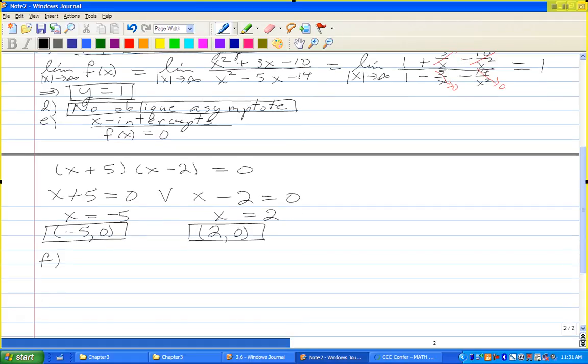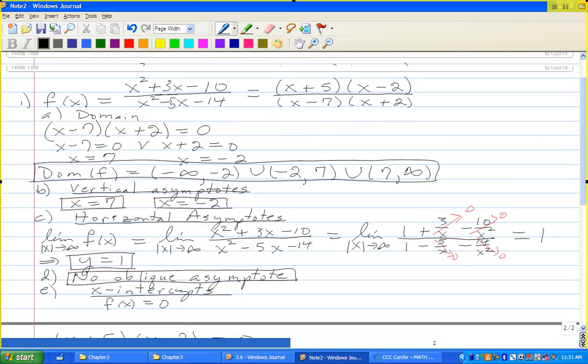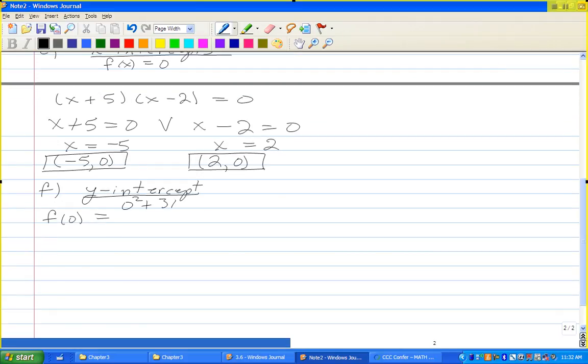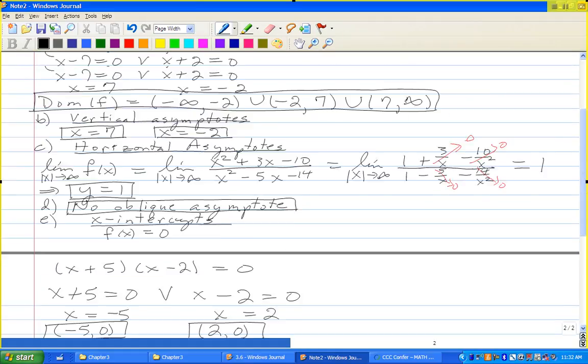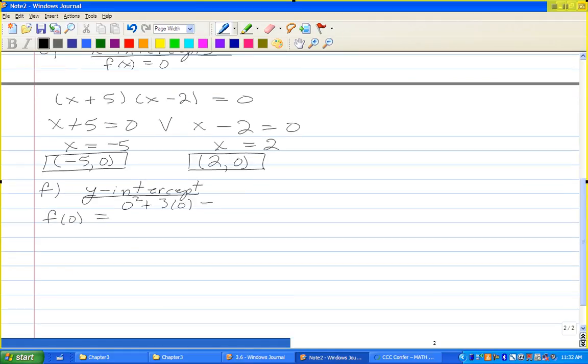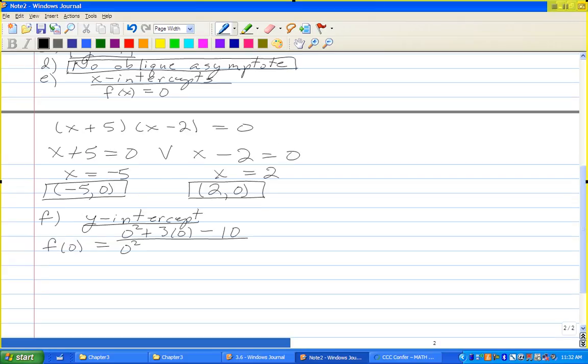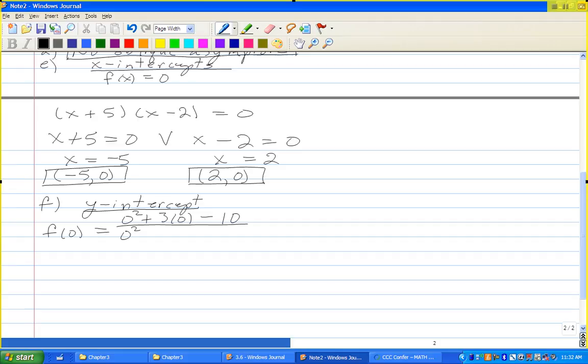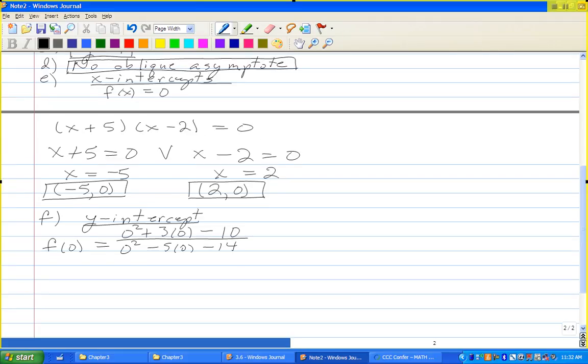What's the y-intercept? You can find the y-intercept by setting x to 0. So 0 squared plus 3 times 0 minus 10, over 0 squared minus 5 times 0 minus 14.